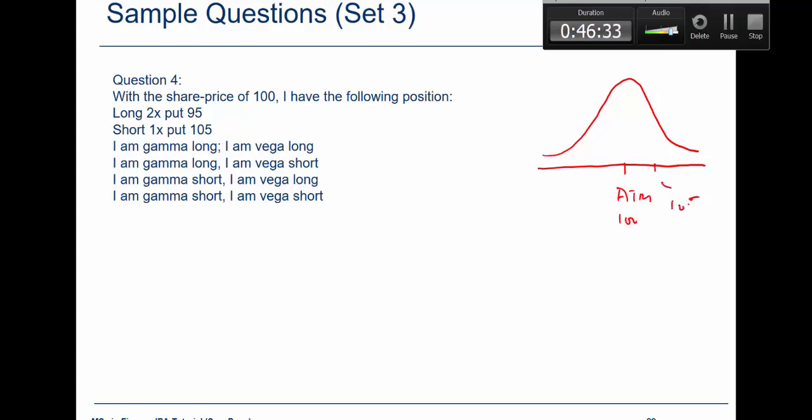This will be 105. Sorry, it's not really drawn to scale, I know. The y-axis is the gamma. The x-axis is just the spot price. So this is 95. So immediately I know I have to be gamma long. So forget about C and D. Okay. The question is, am I Vega long or am I Vega short?